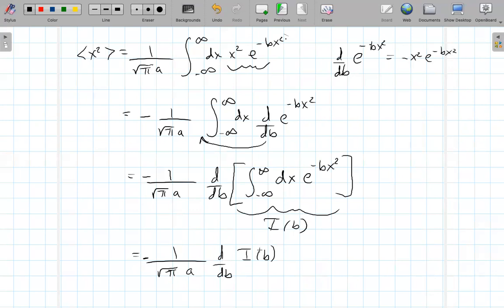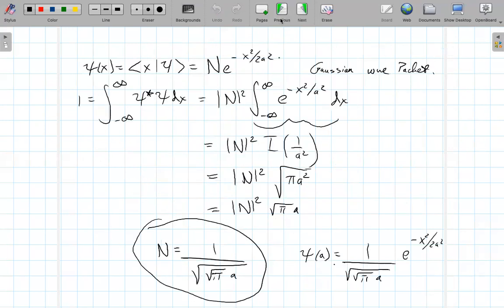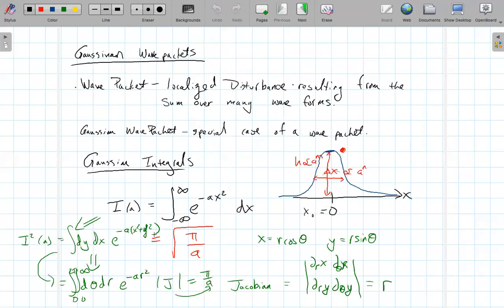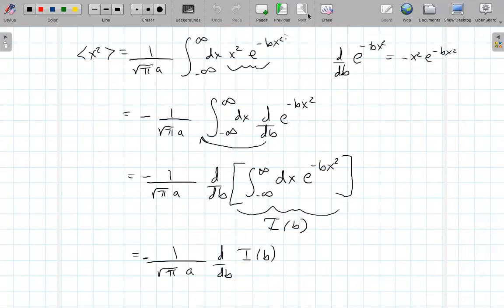We already know the value of that Gaussian integral, based off what we did way back here, is equal to the square root of pi divided by b, because here a is the same thing as b. So let's plug that in. Finally, this becomes negative 1 over square root of pi times a times the derivative with respect to b of the square root of pi divided by b.